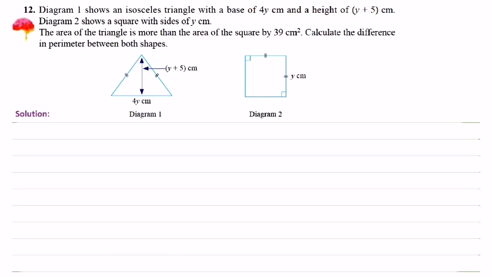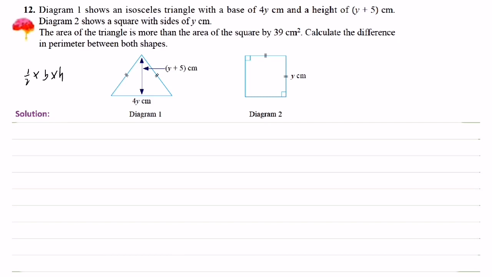Okay, first you must know the area of triangle is 1/2 times the base times the height. Okay, so now we need to find the difference between both shapes.